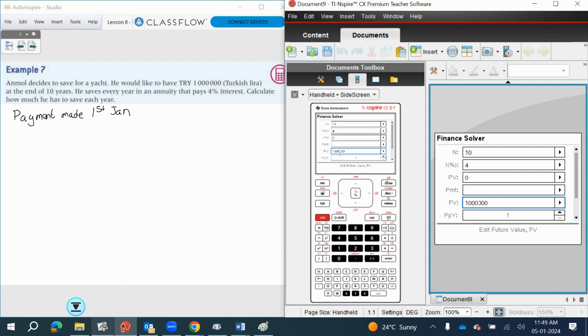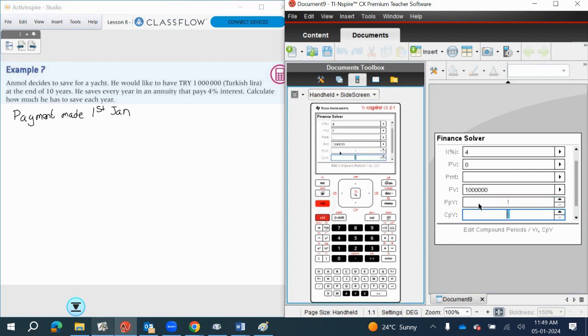So we've got a future value of 1 million is what we want, and we want to make sure that we are at the beginning of every year, so then we can calculate what the payment is going to be.